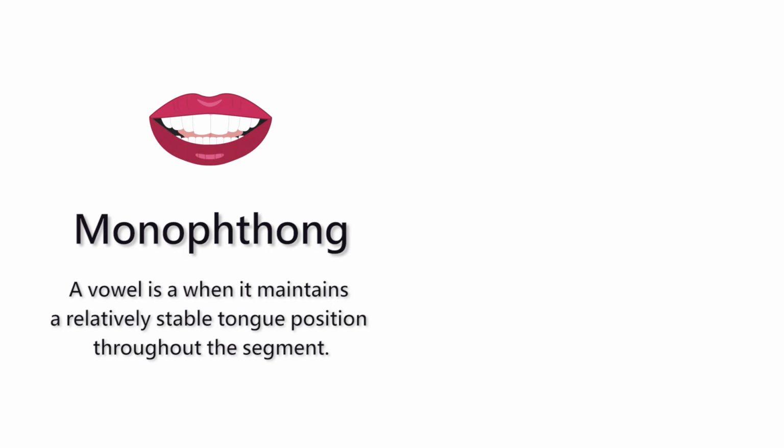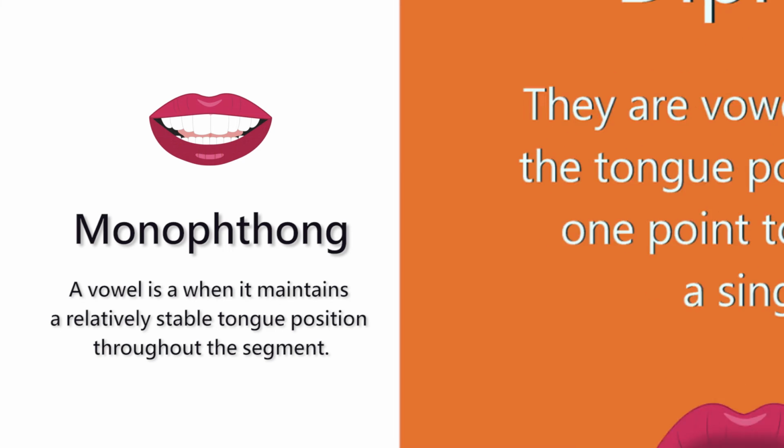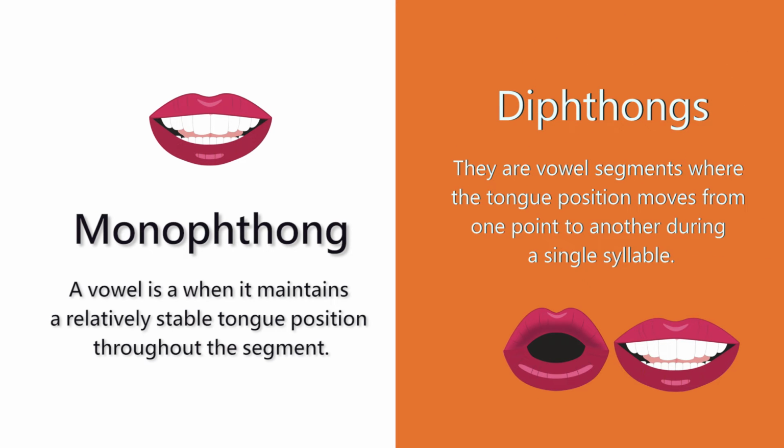In other words, when you pronounce a monophthong, the tongue position remains stable throughout the segment, while throughout the pronunciation of a diphthong, the tongue position moves from one point to another during a single syllable. That's why both of those vowels kind of merge into each other and they count as one vowel.